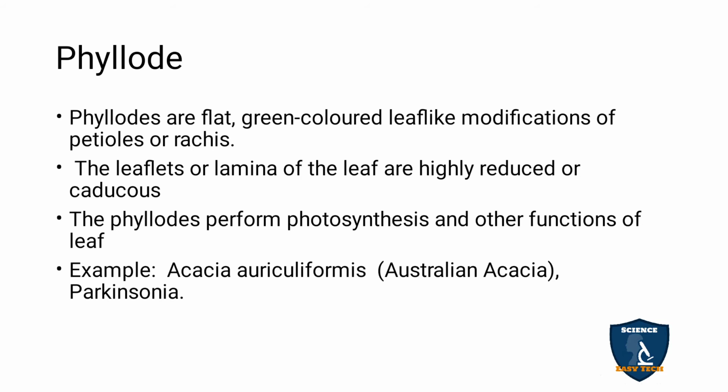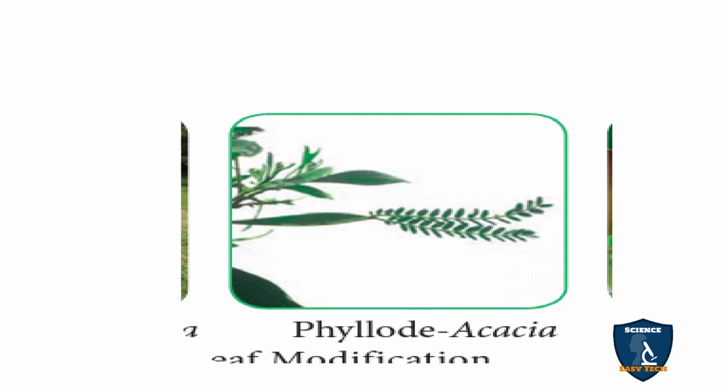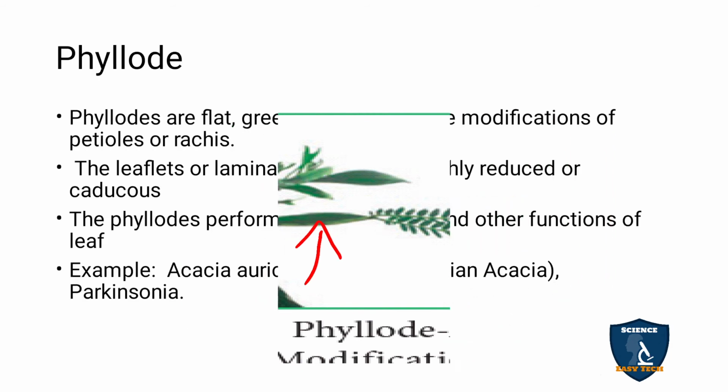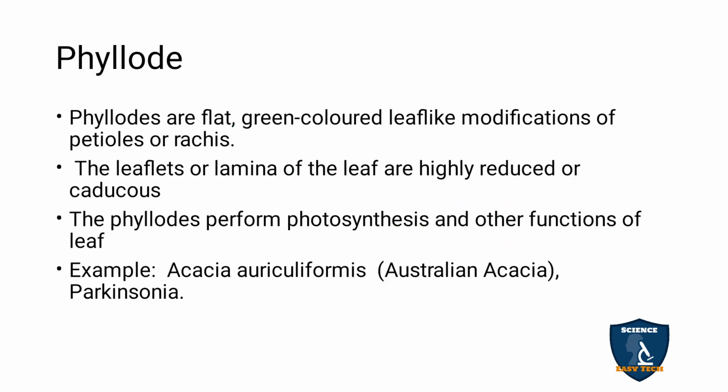Next are phyllodes. This is the petiole portion. The petiole is flattened and modified into a leaf, doing the function of the leaf, photosynthesis, and the leaflets are seen here. This is also one type of modification of leaf.